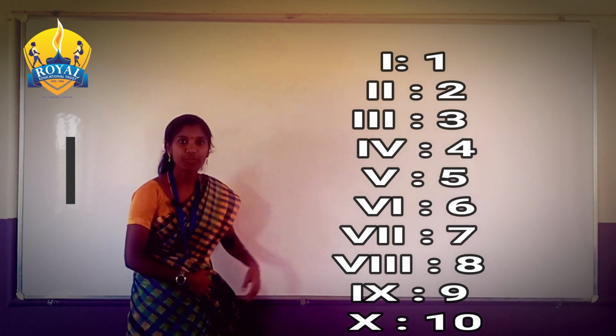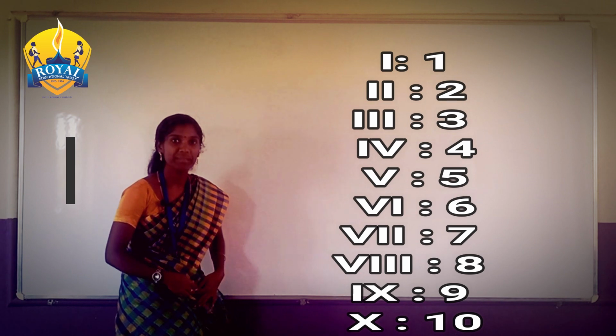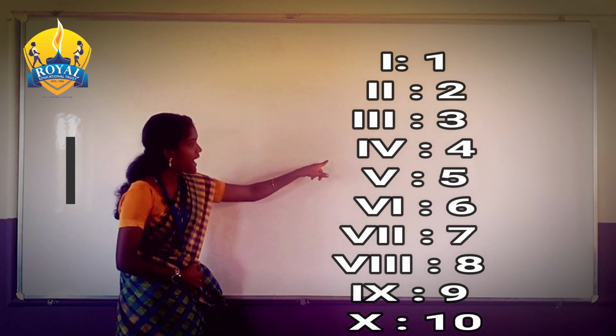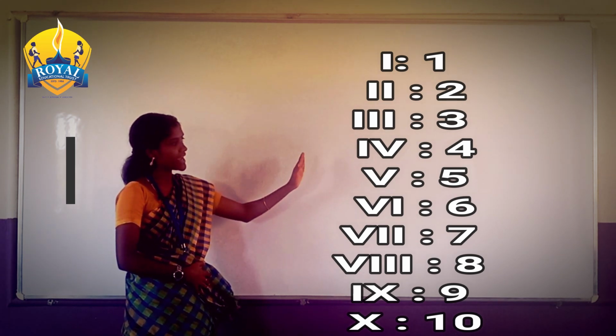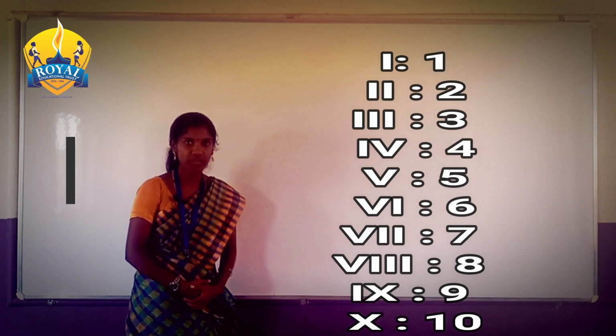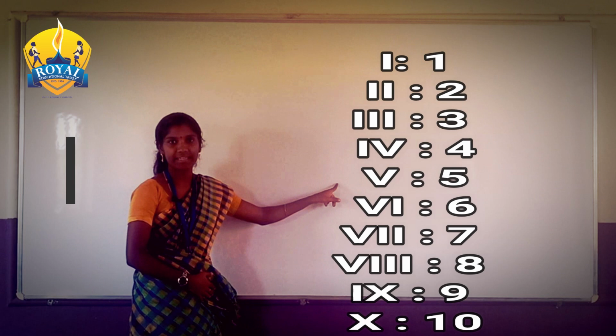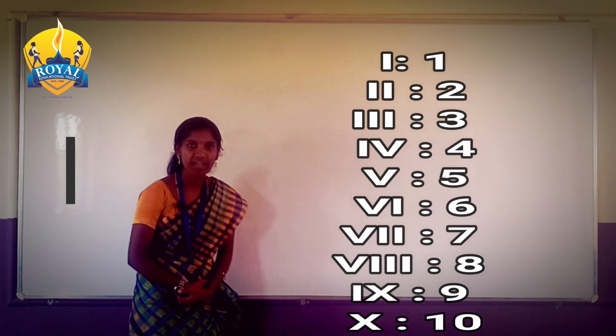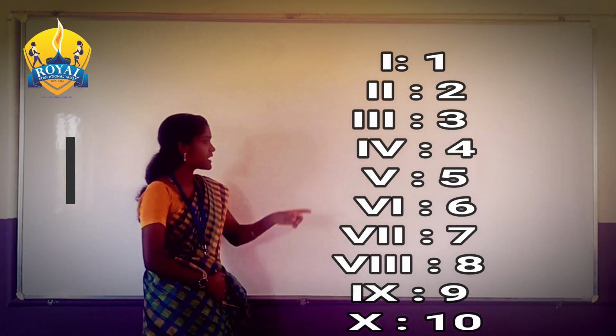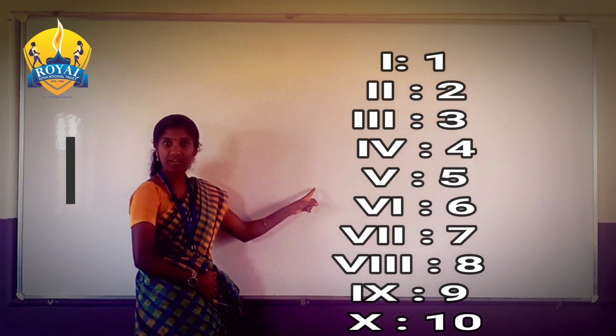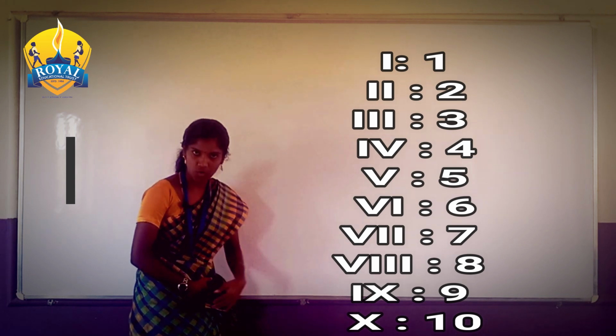This is the rule of subtraction because the higher number is right of the lower number. Okay. Then 6 VI. This is the rule of addition. Yes, because the higher value is left of the lower value.